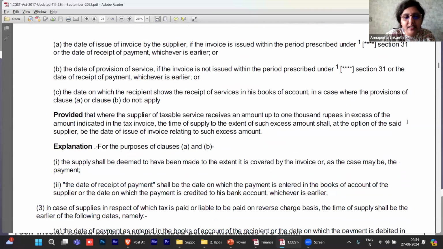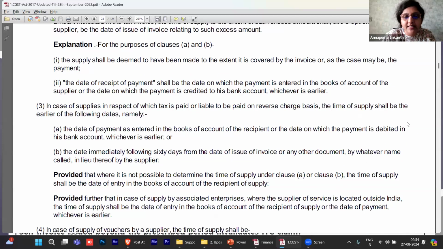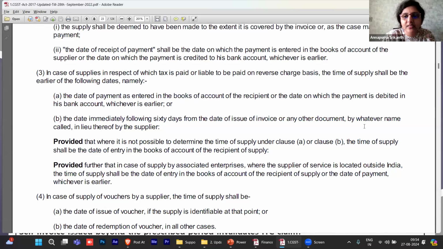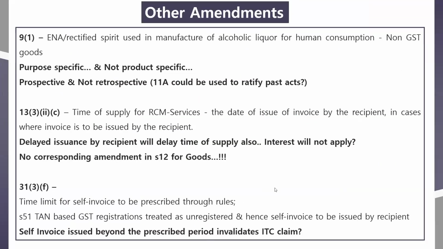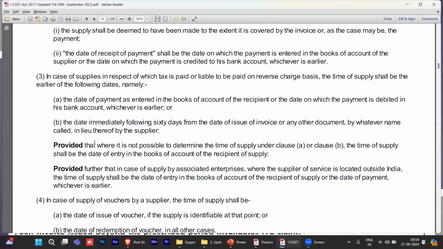But that kind of amendment is missing for 13(3), no, sir? So even though 31(3) has some prescription, that has no relevance to 13(3)(c). They will always interpret that the date of the invoice should have been there, and it will lead to a dispute. So basically A would prevail in most of the cases because payment would be a criteria.